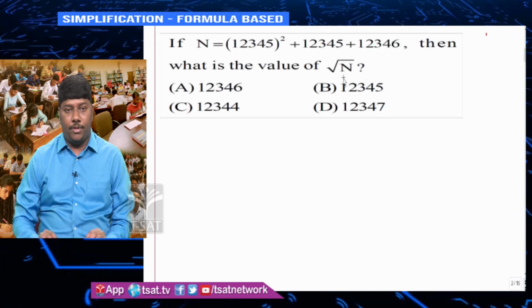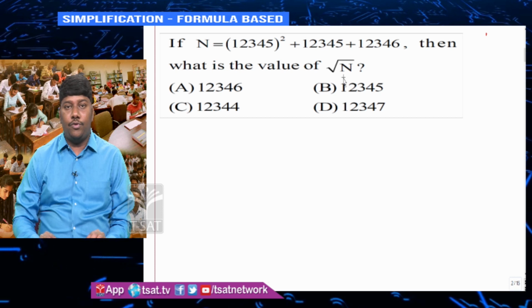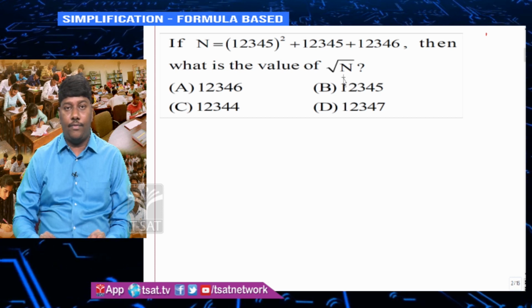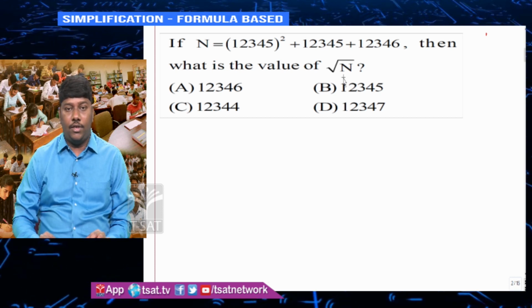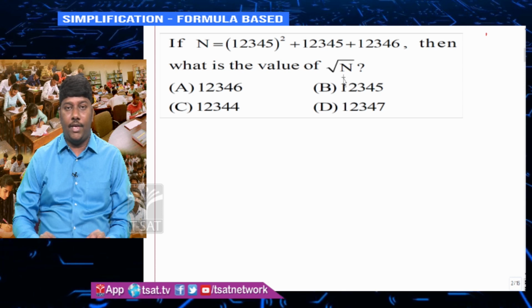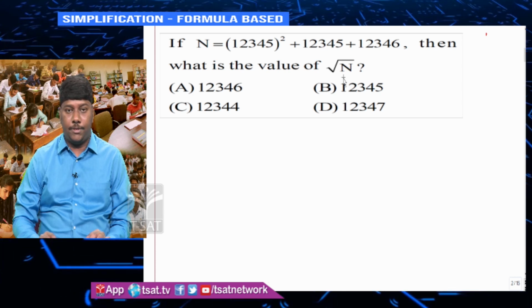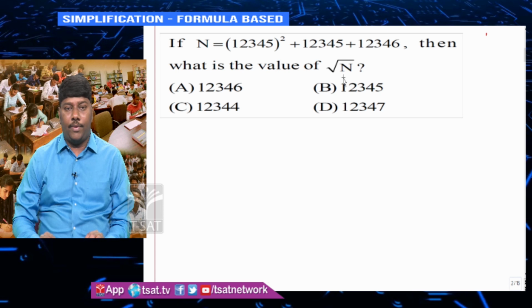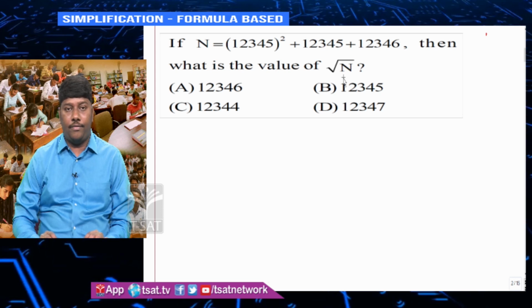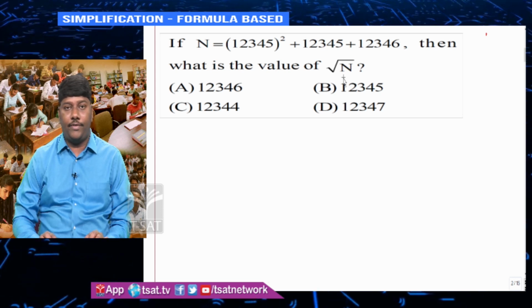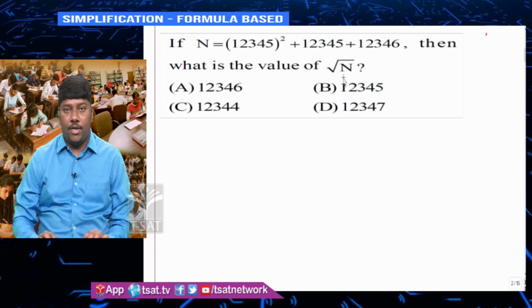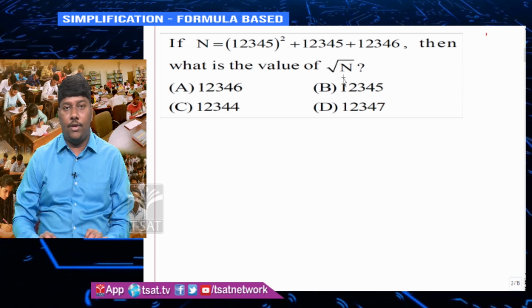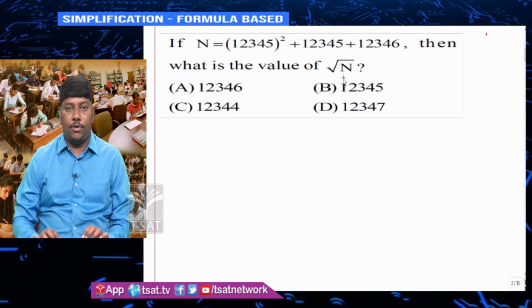Now look at this problem. If n is equal to 1, 2, 3, 4, 5 whole square plus 1, 2, 3, 4, 5 plus 1, 2, 3, 4, 6. If you literally solve the square of 1, 2, 3, 4, 5 whole square, the square itself takes more than a minute in the exam. So what is the actual rule of doing this question?